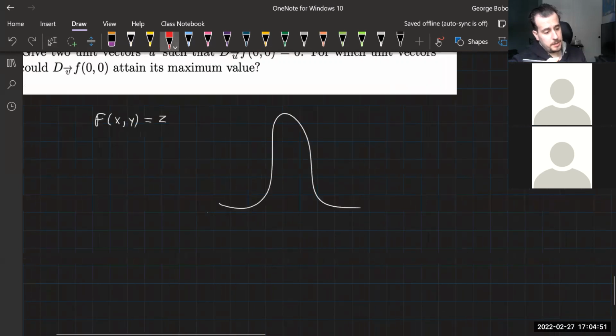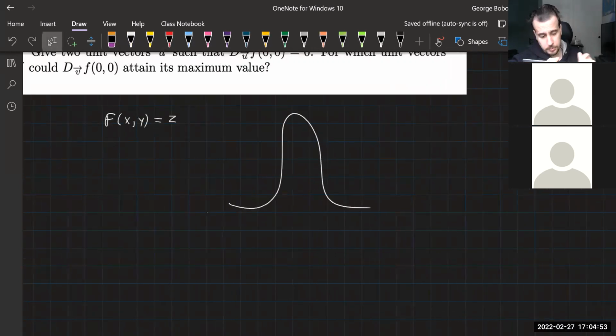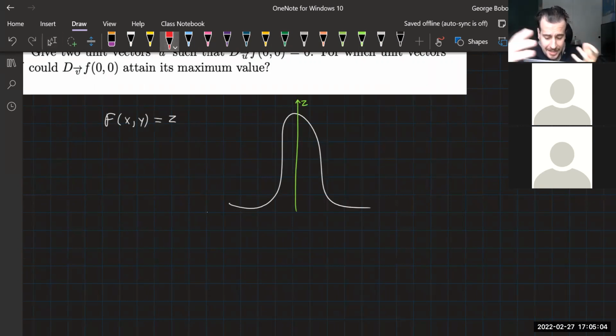I don't know. But if you're doing a level curve right now, and this is the value of z, right? The height that you're in here, this is the value of z. Level curve. What does that mean? Level curve. Describe it to me.